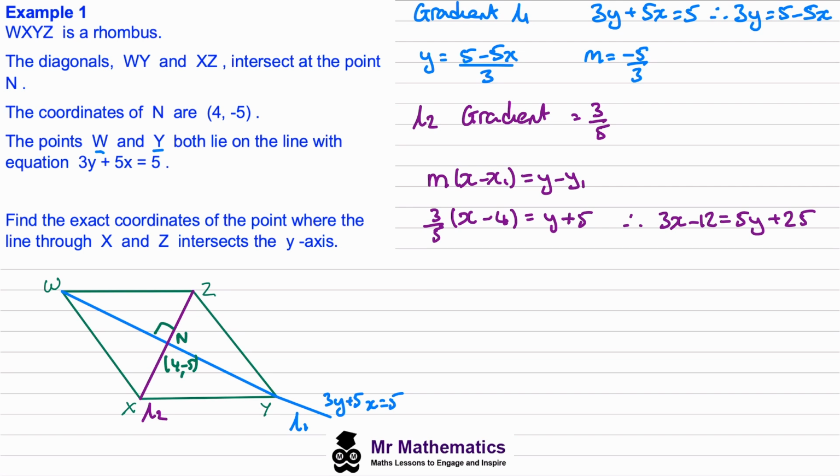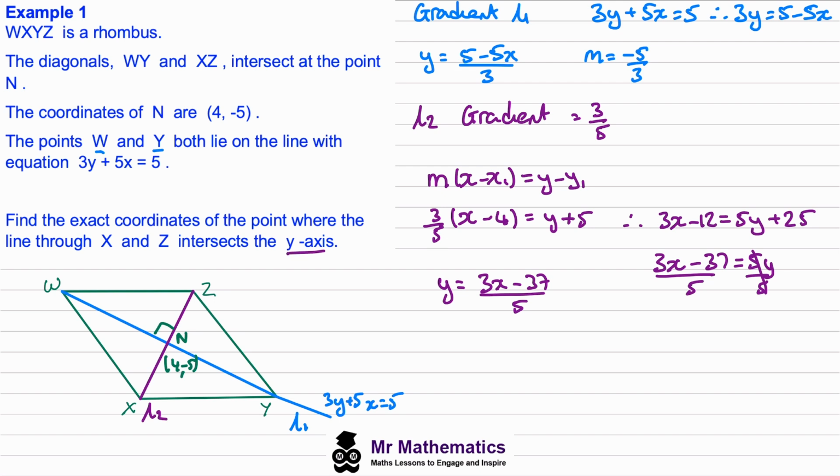What we're trying to find are the exact coordinates of the point where the line through XZ intersects the y-axis. So if we tidy this up by collecting the constants together, we have 3x - 37 = 5y. We divide both sides by 5, so y = (3x - 37)/5.